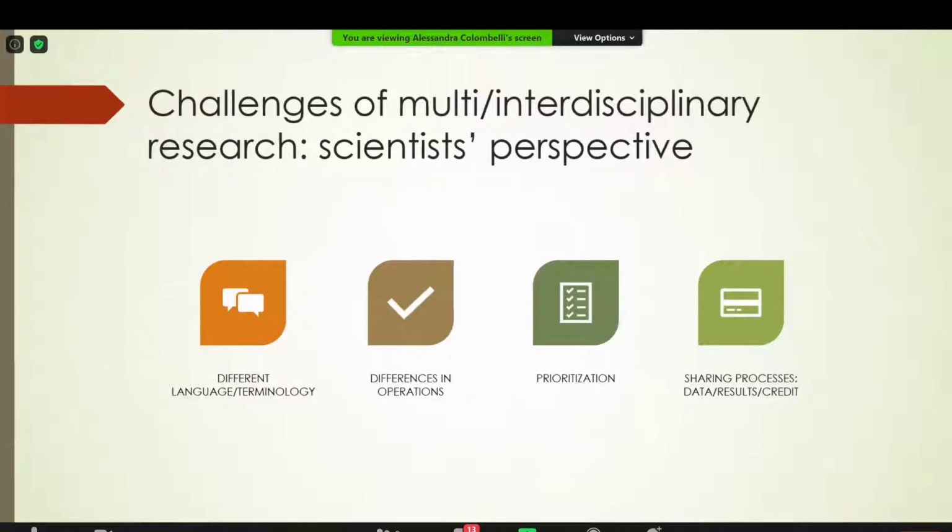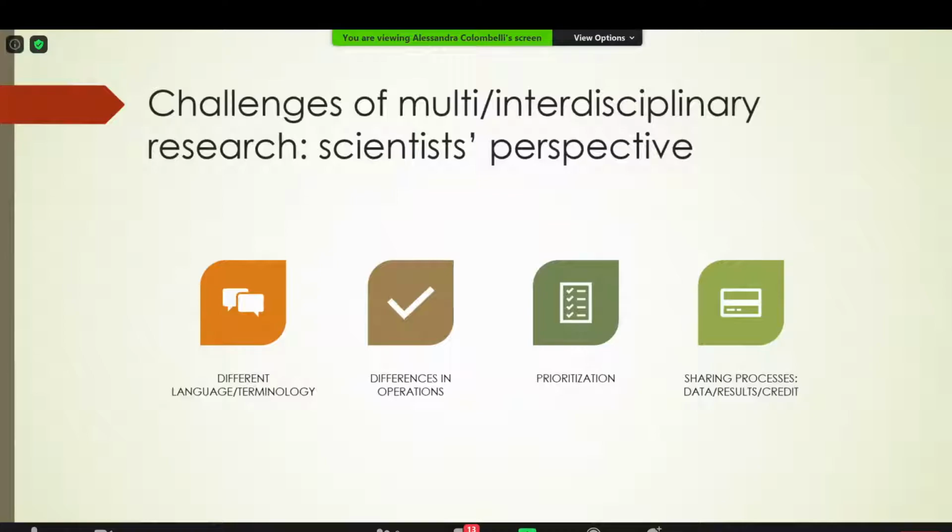In this kind of project, it's sometimes difficult to set priorities because the result of one experiment, of one team in one specific domain, can be useful and can be input for other teams, other domains, other experiments, but it is difficult to set priorities.